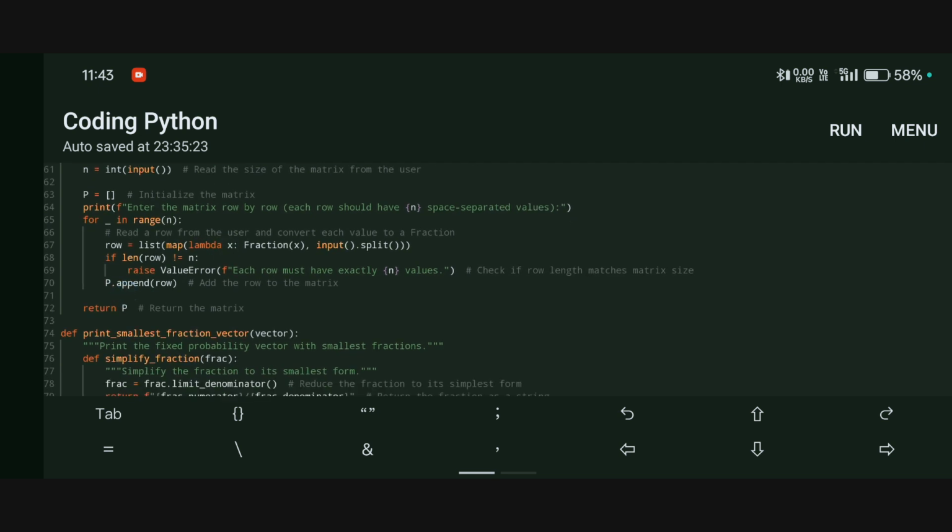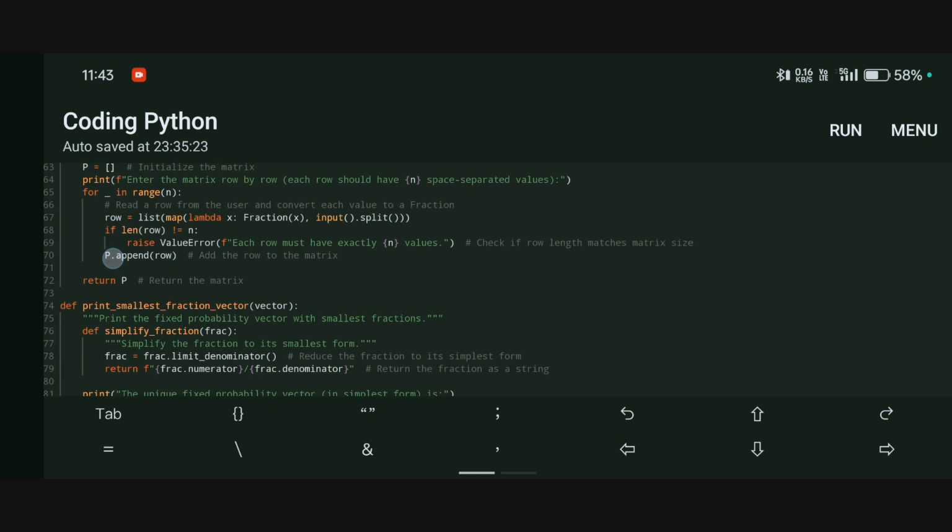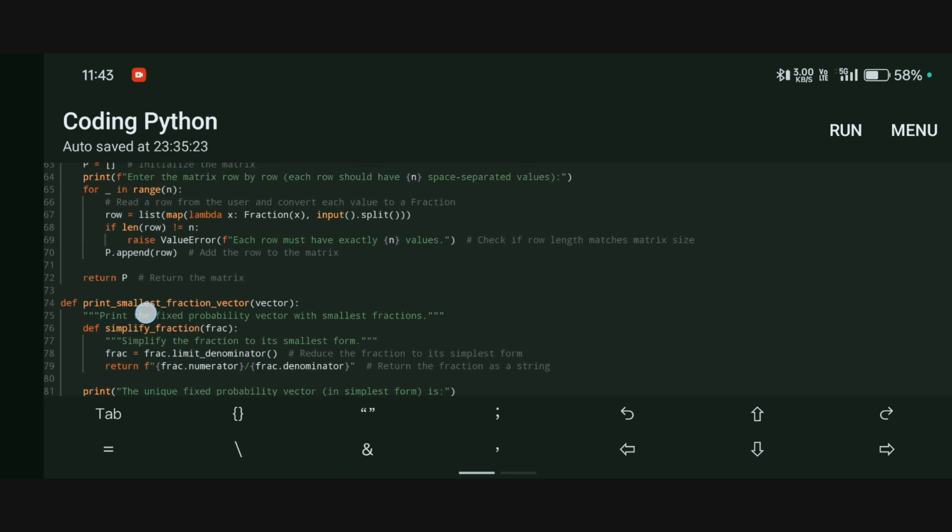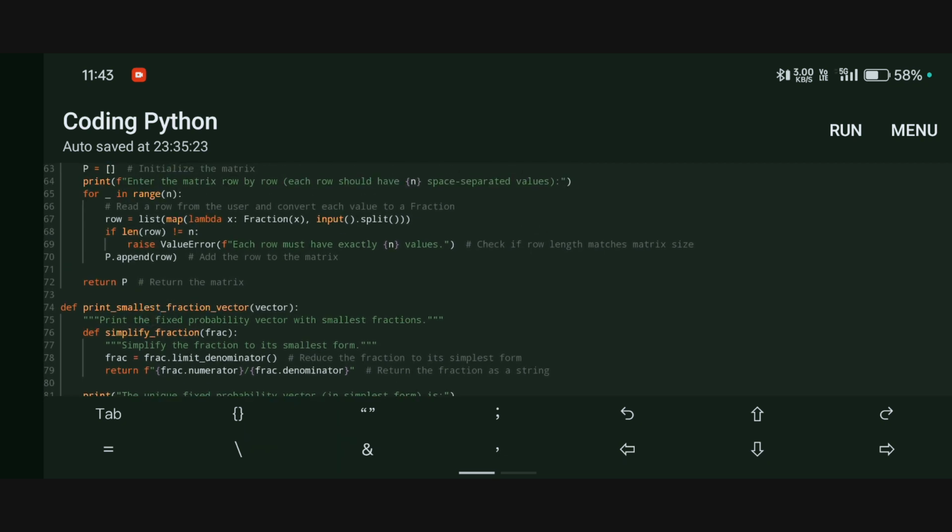Or we can use a list operation, a list for the matrix in Python. So we can use an empty list for the matrix, and prompt row by row with spaces. Okay. Read the row from the user and convert the values into fractions. We can read the first row and convert it into fractions, then the second row.